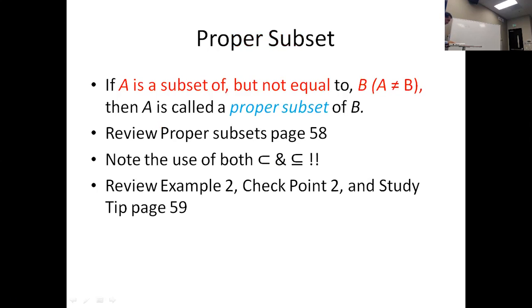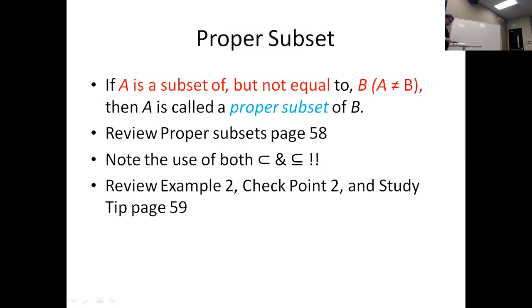At the bottom of the page, you have 1 and 3 as a proper subset of set B, 1, 3, and 5, because all the elements are there, and they are not equal. They are not identical sets. So set A is a proper subset of set B.